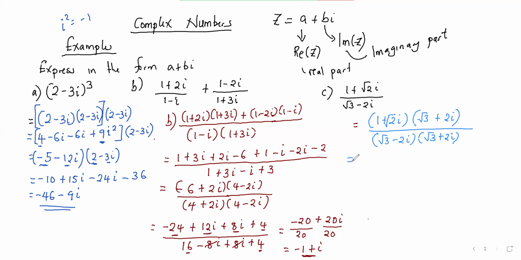Okay, 1 times root 3, 1 times 2i, then root 3 times root 2. Remember what we did? It will be root 6, i outside. And then i times i, it will be negative 2 root 2i over root 3 by root 3, 3.